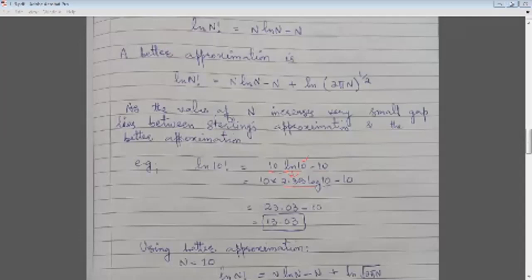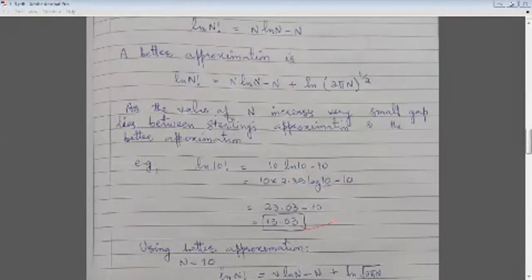Log 10 is basically equal to 1, so when you multiply 2.303 by 10 and subtract 10, this will be 13.03. We have calculated this using the Stirling approximation. So first remember this answer, that it is 13.03.